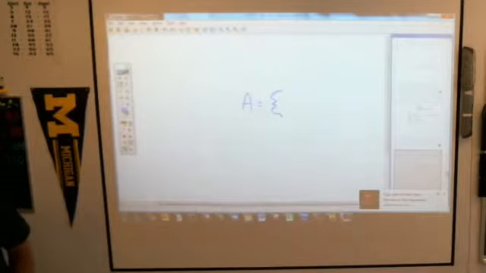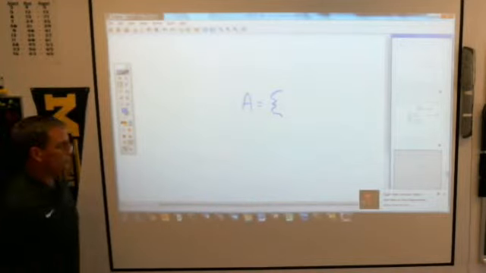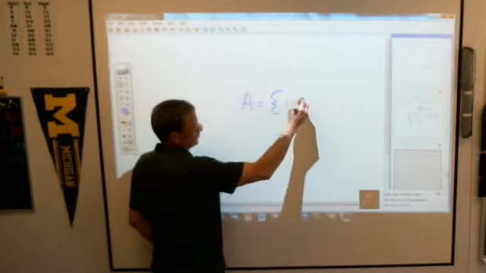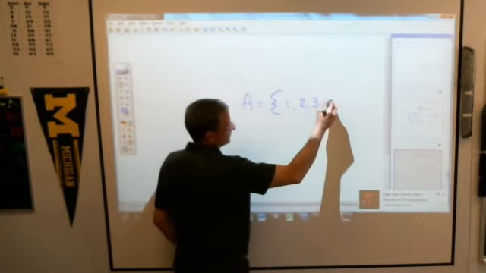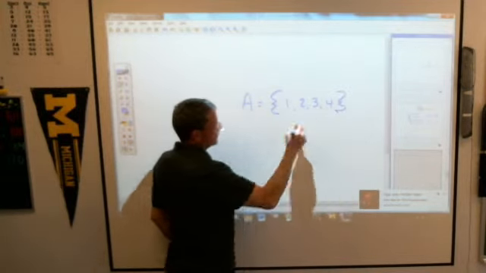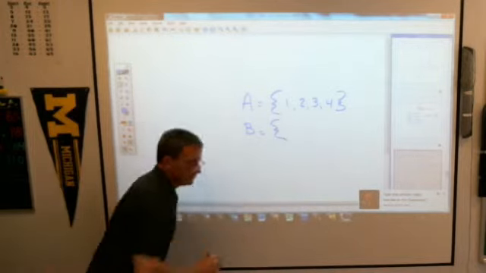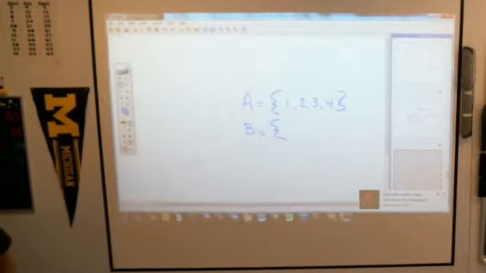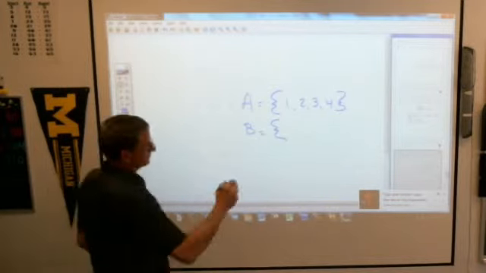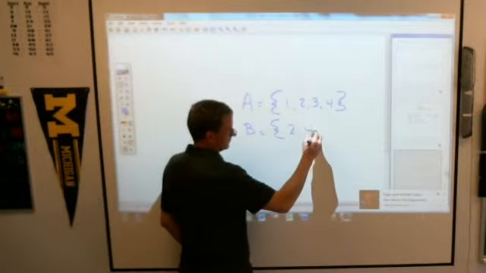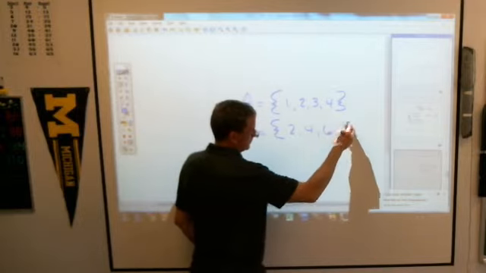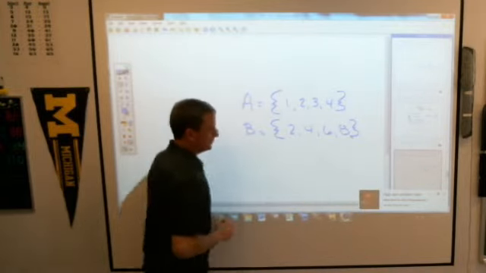Set A is 1, 2, 3, and 4. Set B is 2, 4, 6, and 8.